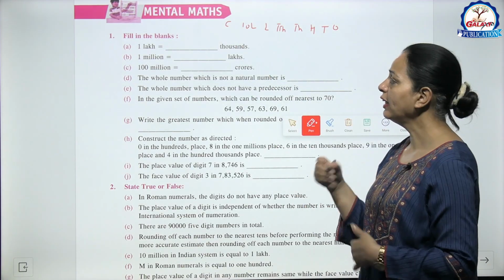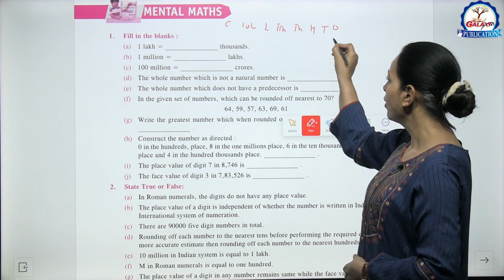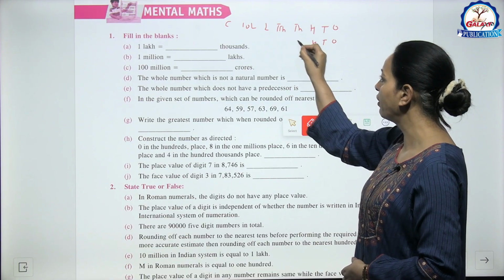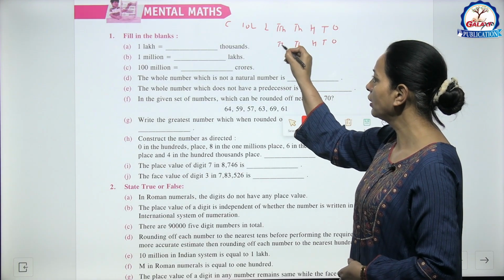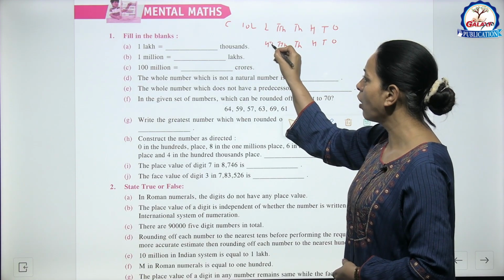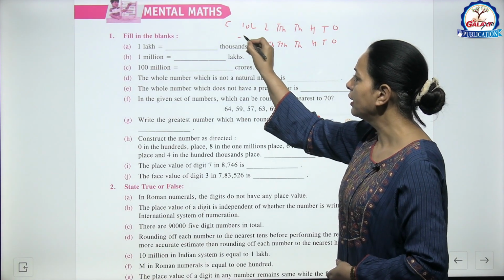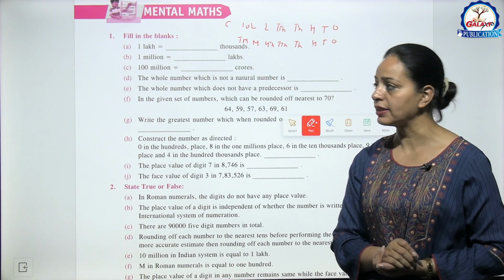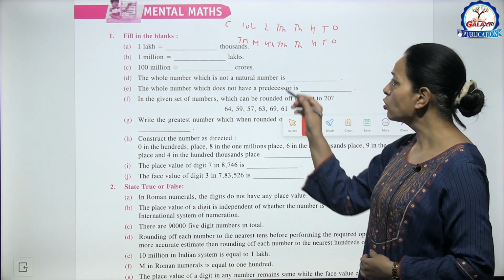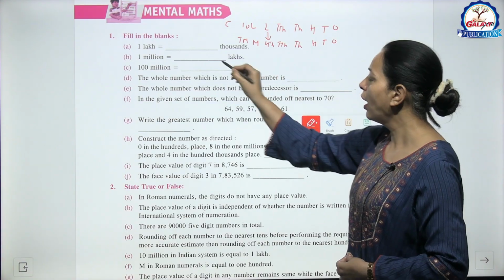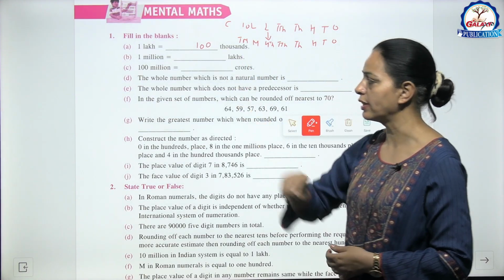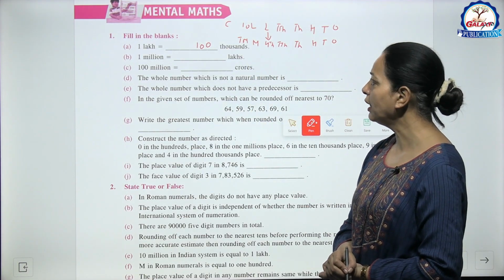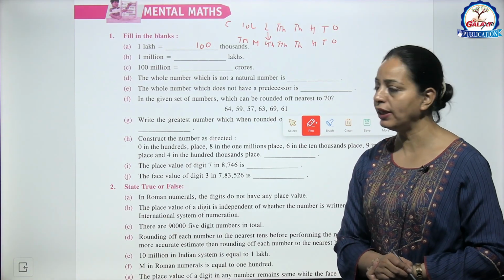Okay, and in international system we take ones, tens, 100, 1,000, 10,000, 100,000, then million, then 10 million, like this. So now compare it. So 1 lakh equals to 100,000.